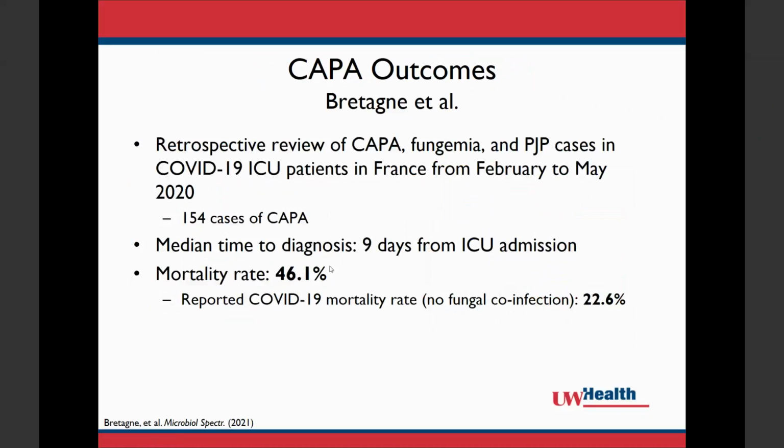And they had a little bit longer time to diagnosis of CAPA than the Bartoletti study, but they also reported a very high mortality rate. So their mortality rate of CAPA was 46.1%, and they reported a COVID mortality rate in patients without fungal co-infections at 22.6%. So obviously, CAPA is not a great marker of outlook for these patients.